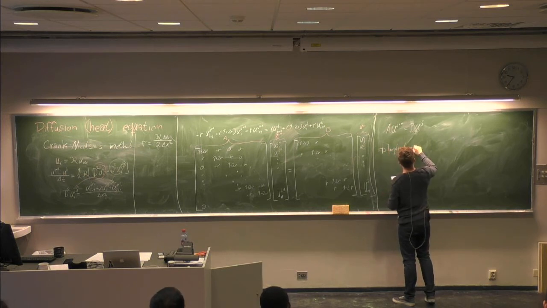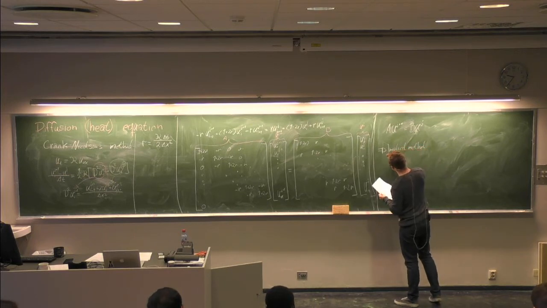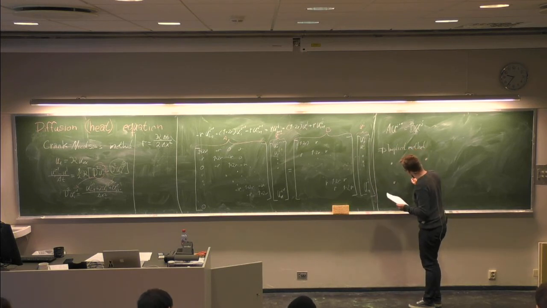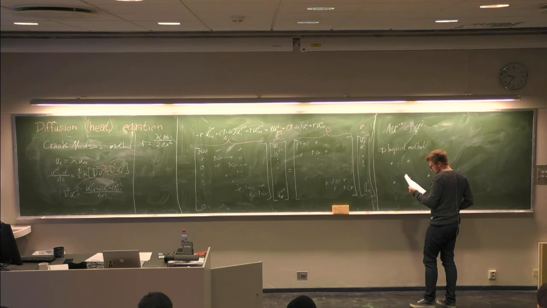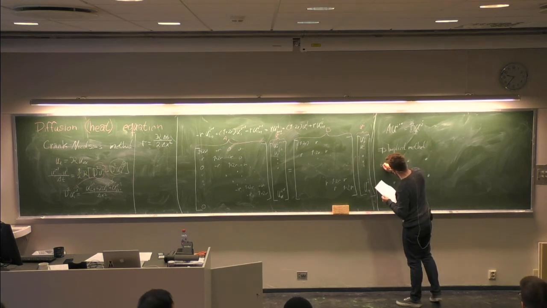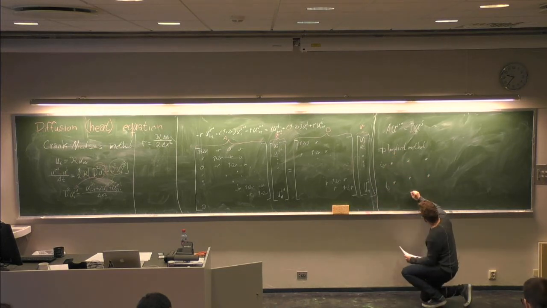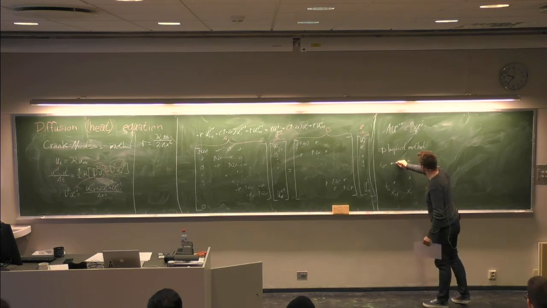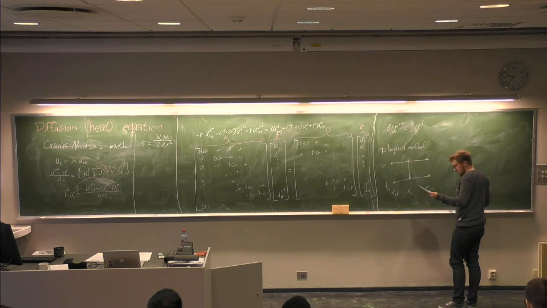And again, we can write the stencil here. So this is going to be t_j plus 1, t_j, x_i minus 1, x_i, x_i plus 1. And you see we have this nice implicit stencil.